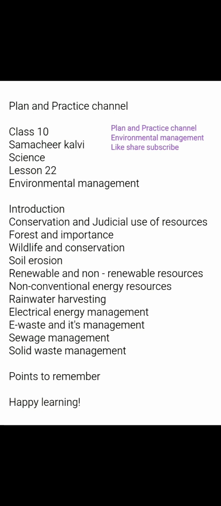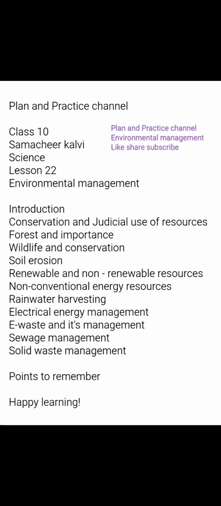Soil erosion. Next, we will see soil erosion. The top layers of soil contain humus and mineral salts, which are vital for the growth of plants. Removal of upper layer of soil by wind and water is called soil erosion. Soil erosion causes a significant loss of humus, nutrients and decrease the fertility of the soil.